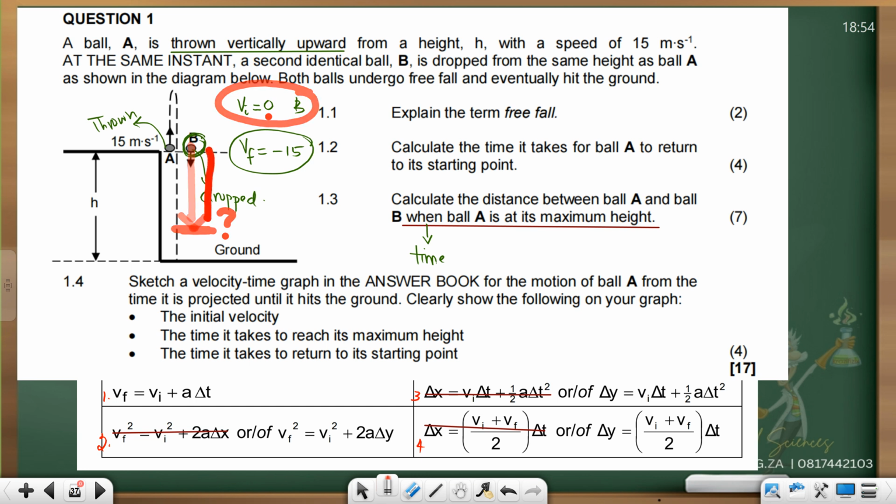We only know that it has traveled for 1,53 seconds. So you bring in this 15. You see this 15 is for A, not for B. I thought if it's the same position, then the velocity is the same also. No. Check. A is 15 here, right? It goes up, it becomes what? 0. It comes down, it becomes what? Because it's in motion. But what about B? B was dropped.